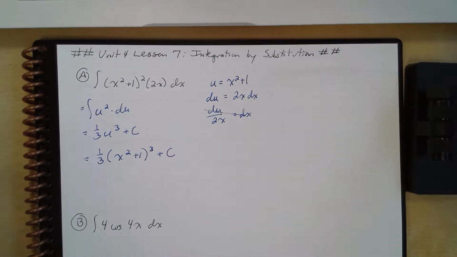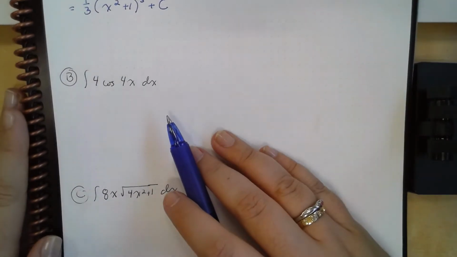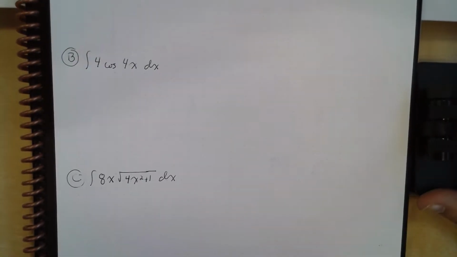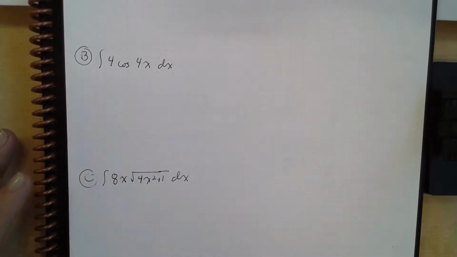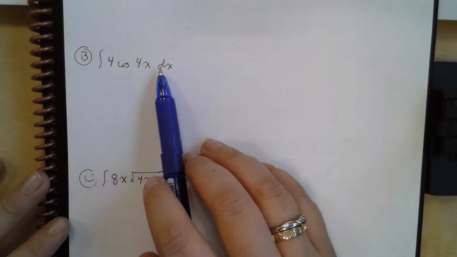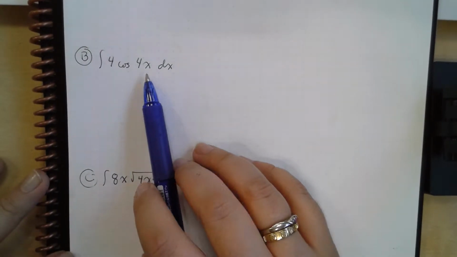So we'll do another example here. Okay, we have 4 times the cosine of 4x dx. Now in this situation, the hardest part of u substitution is deciding what you want to set u equal to. Here, because I have a 4 cosine 4x dx, it's going to be easiest to get rid of that 4 if I have my u equal to 4x.